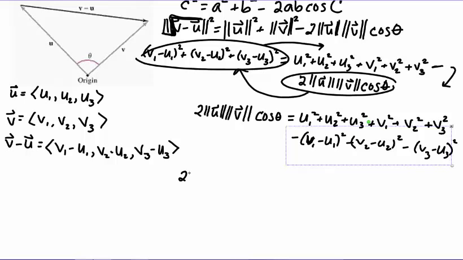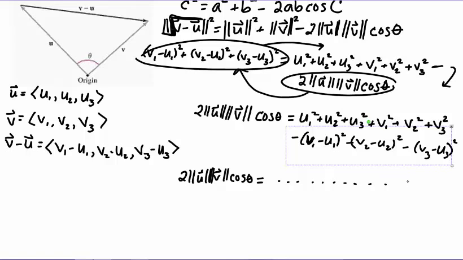So I have 2uv cos theta equals. Now watch this. On top, I'm just going to write all the u's and v's on this top row. This second row that is in this blue box right now, I'm going to distribute it. So if I did v1 minus u1 squared, that would be v1 squared minus 2u1v1 plus u1 squared. Think about what happens when you FOIL this.